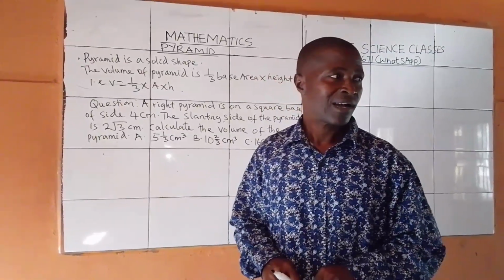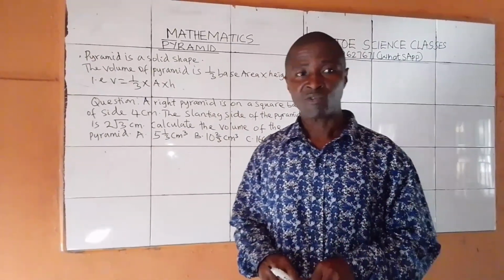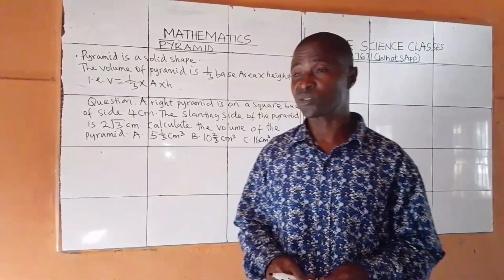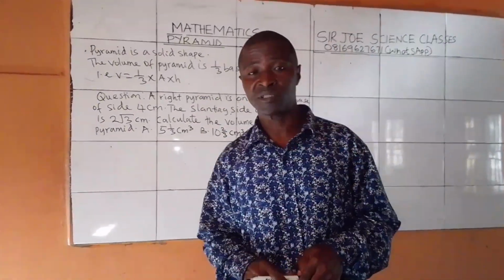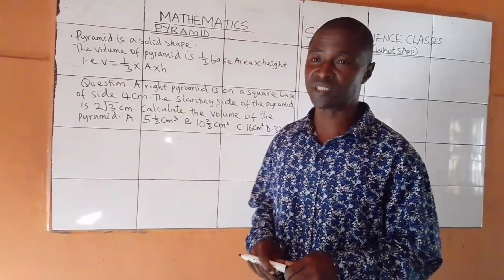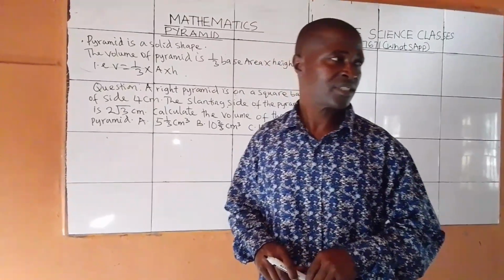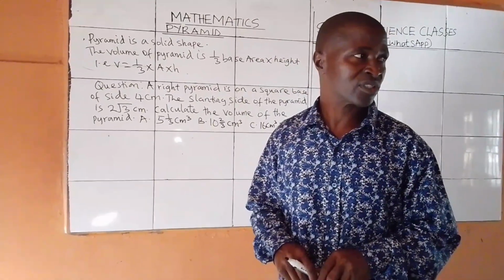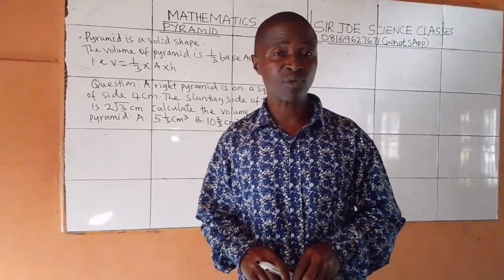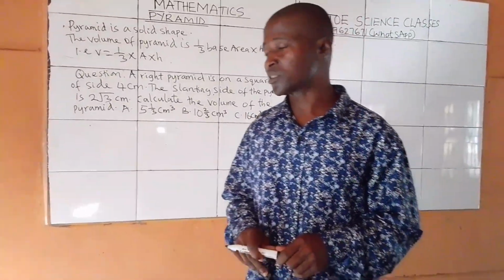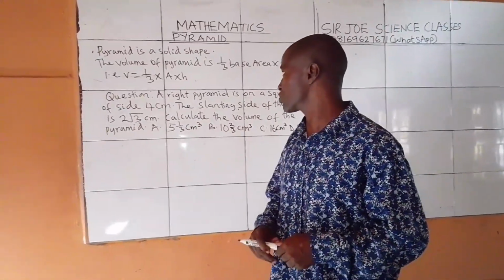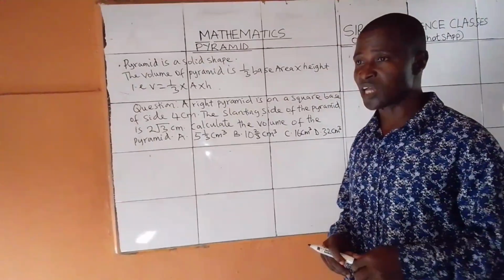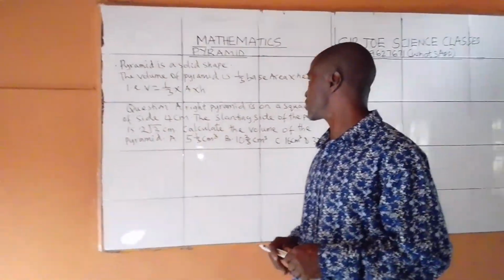Today, we'll be focusing on mathematics and the topic is pyramid. This topic is very important in mathematics. Before I go into past questions on pyramid, I would like to give you this introduction.